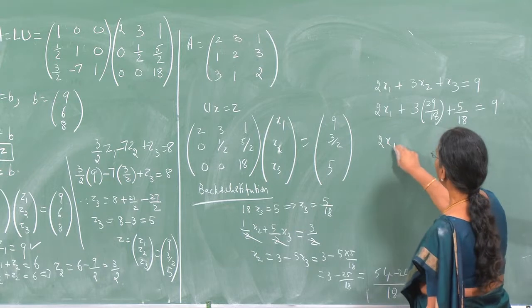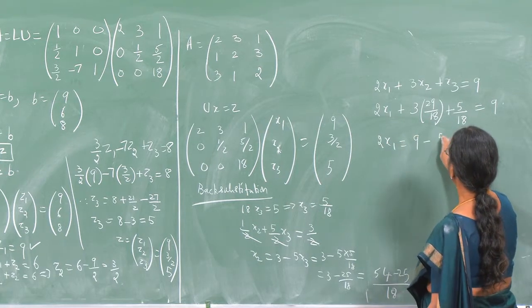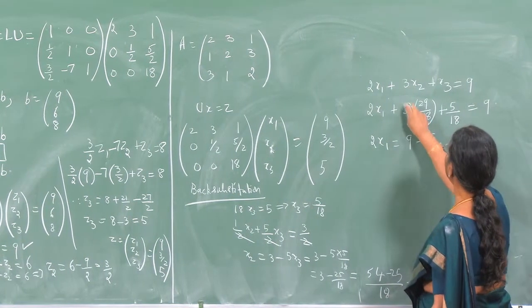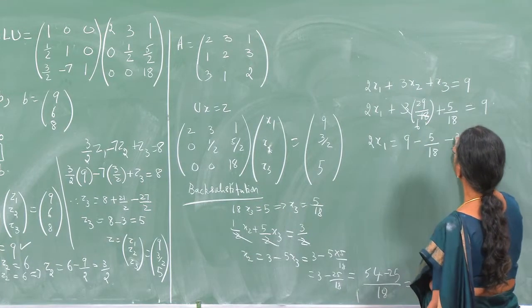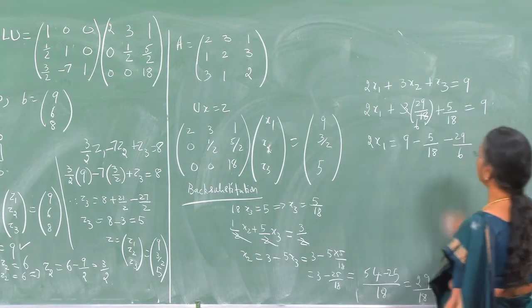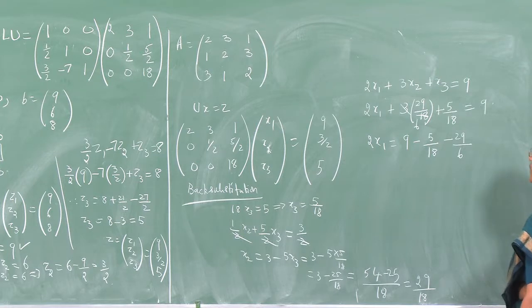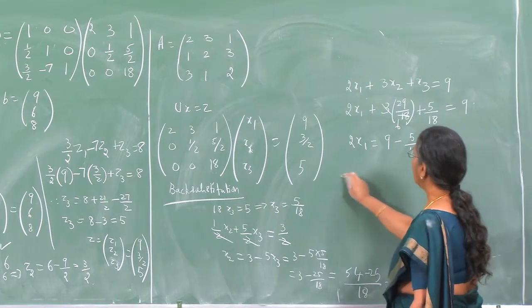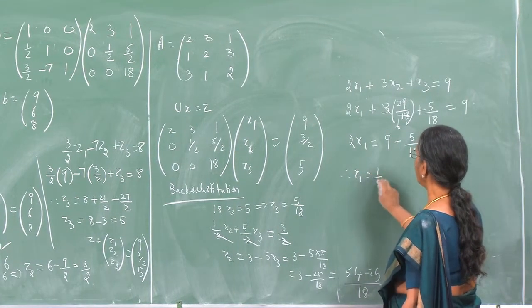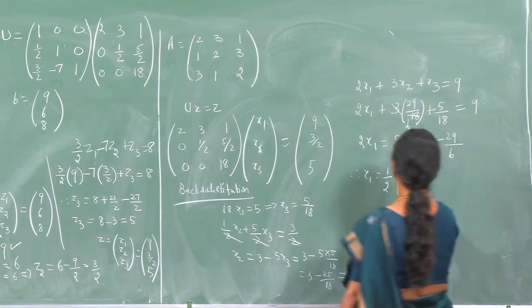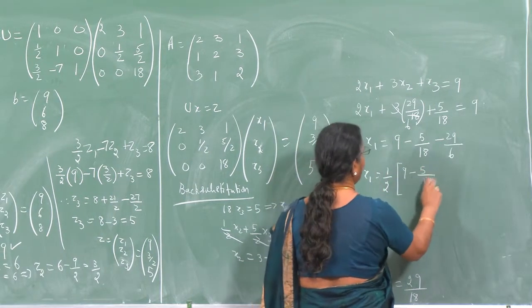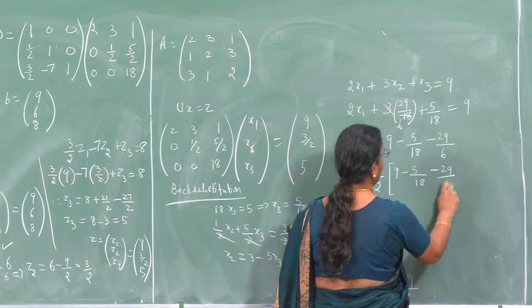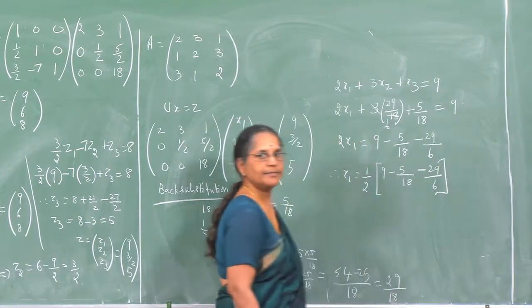This gives you 2 x1 as 9 minus 5/18 minus 29/6, and therefore, x1 will be equal to half of 9 minus 5/18 minus 29/6.